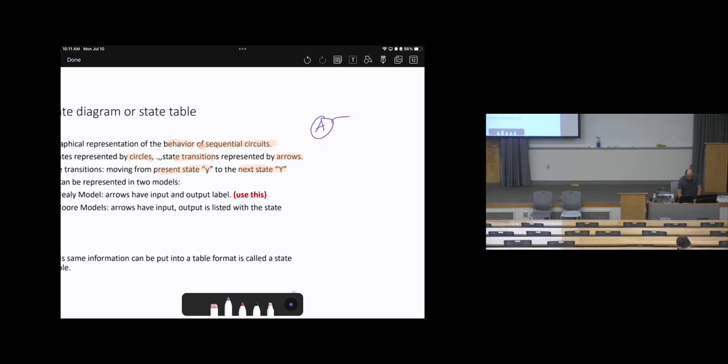Then I move to orange, or for example, state B. Then I need to move to red, which is state C. Then move like this. So each state will be inside a circle, and the action that changes the states will be an arrow. Okay?